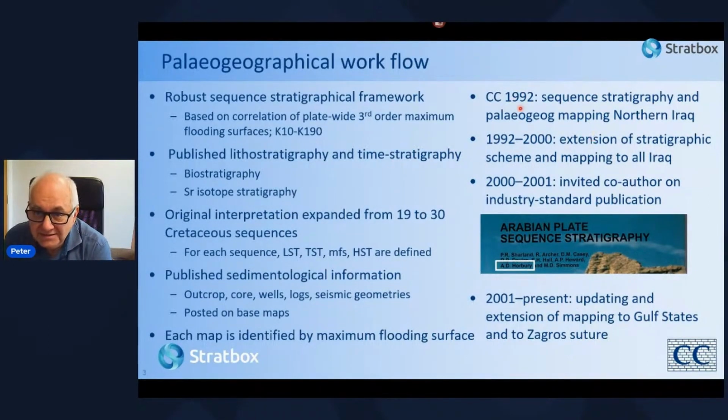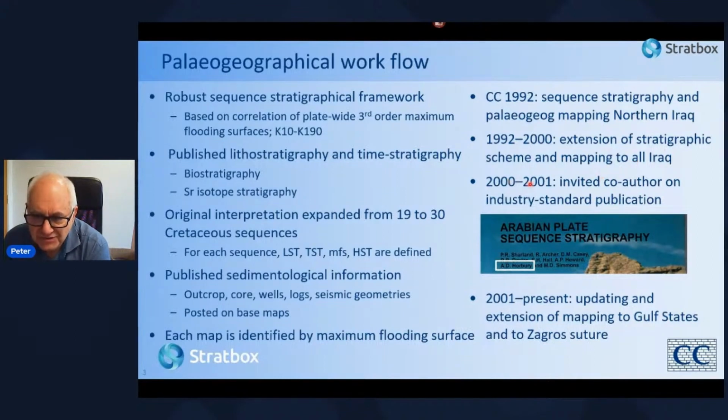In 1992, Cambridge Carbonates undertook a sequence stratigraphic and palaeogeographic mapping of northern Iraq. In the period 1992 to 2000, we extended this stratigraphic scheme and this palaeogeographic mapping to all of Iraq.